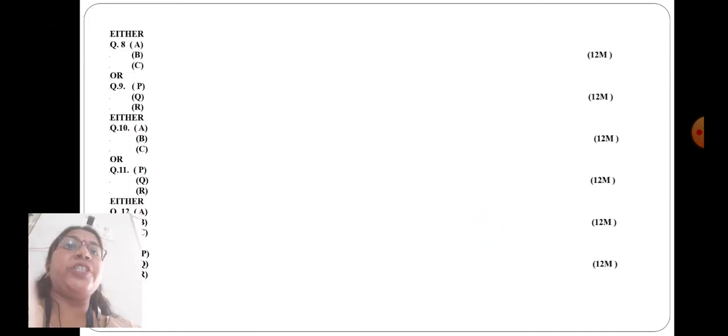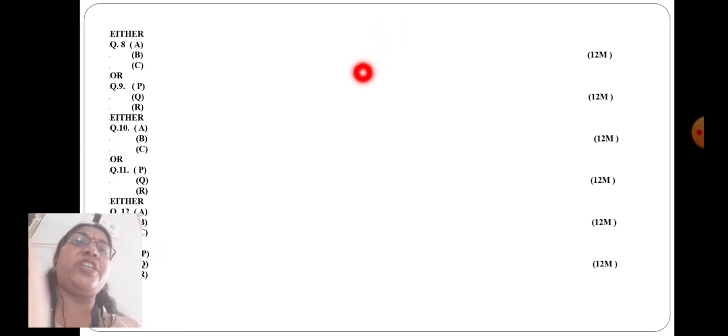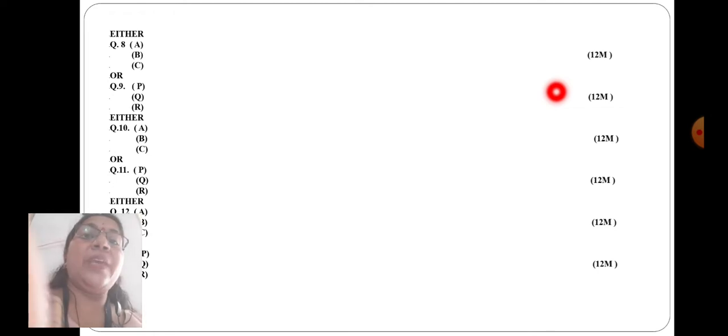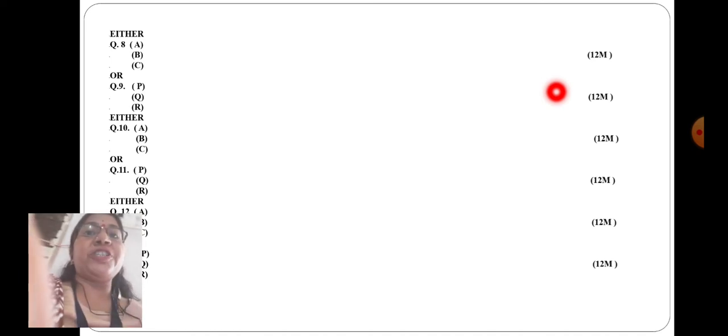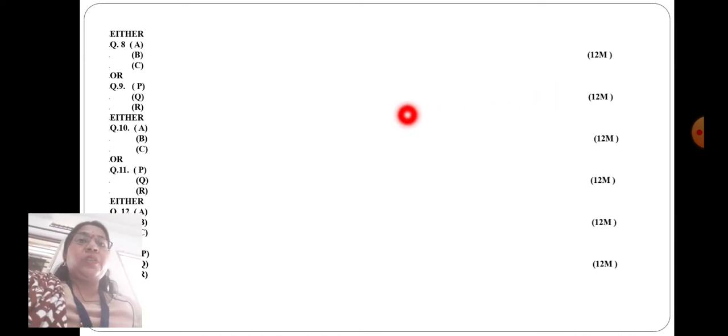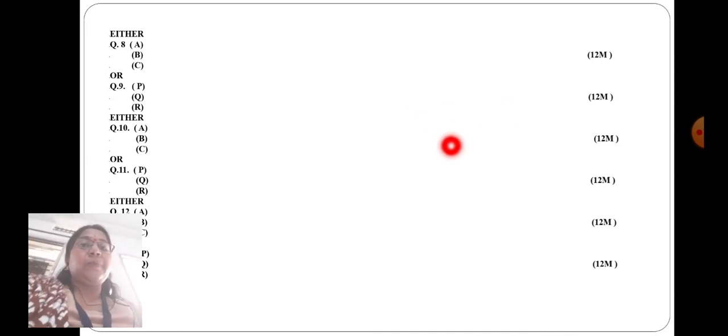Now see question number 8 and 9. Question number 8 or question number 9 is for unit 4, and it also has 12 marks. Options are given for either question. The bifurcation of question number 8 is A, B, C and the or is P, Q, R, but the total marks for these questions are 12 marks.